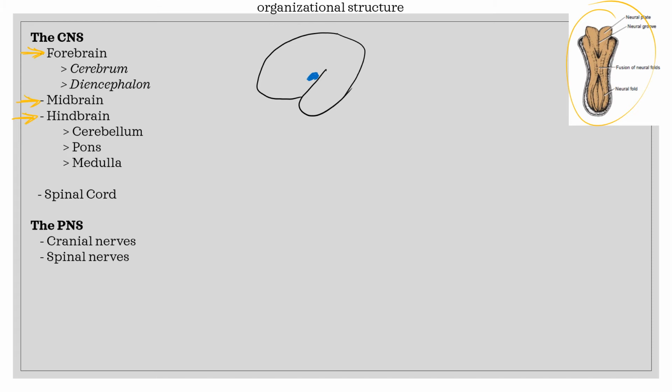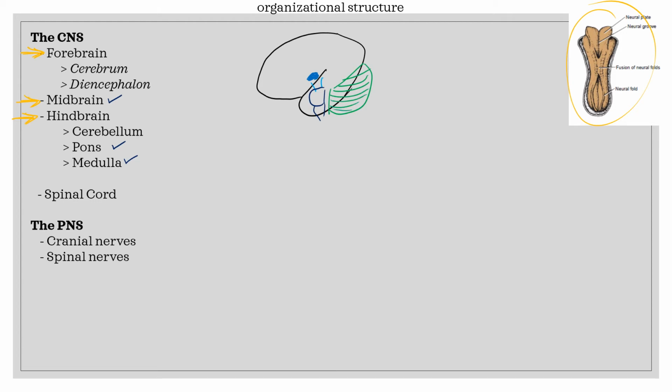Now your midbrain is that first part of your brain stem. Okay, that's your midbrain. And then your hindbrain is made up of your pons, your medulla. Okay, so basically here are your three brainstem parts: midbrain, pons, and medulla. And then lastly, you have the last part of your hindbrain, which is basically your cerebellum.